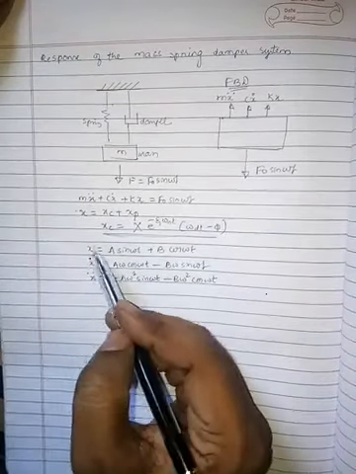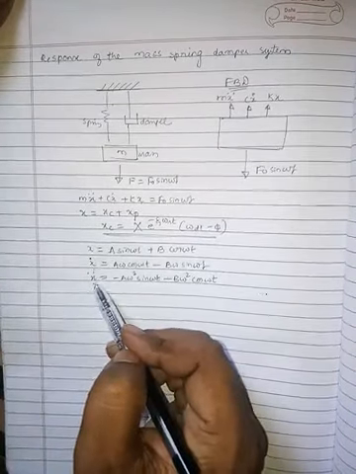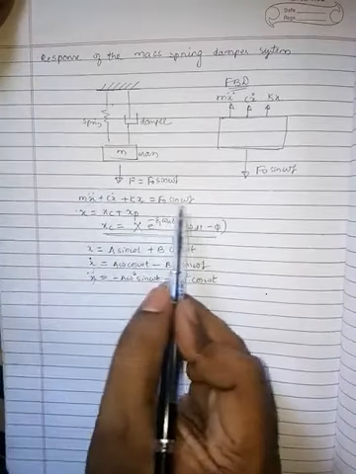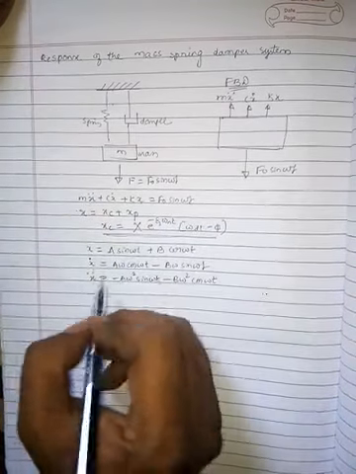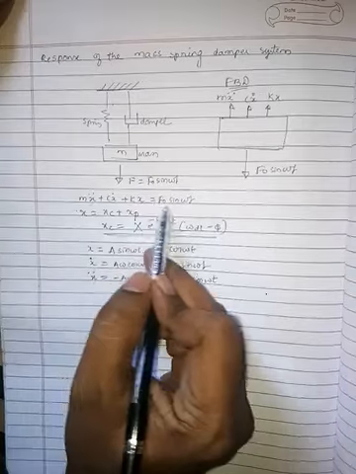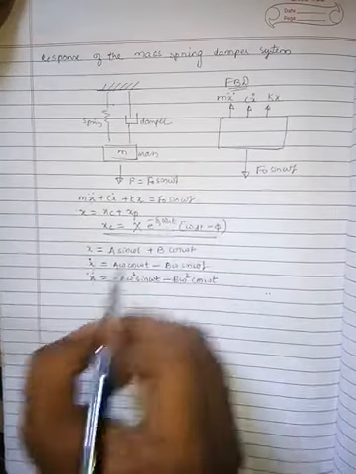Let us substitute all these displacement, velocity and acceleration components in the differential equation of the system, that is m x double dot plus c x dot plus k x equal to F0 sin omega t.